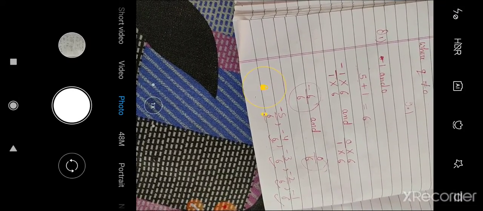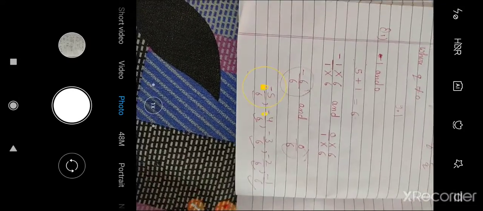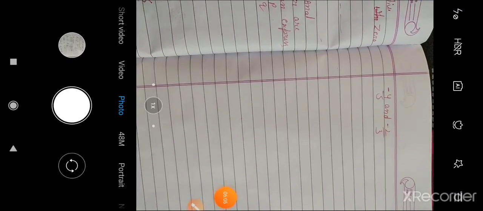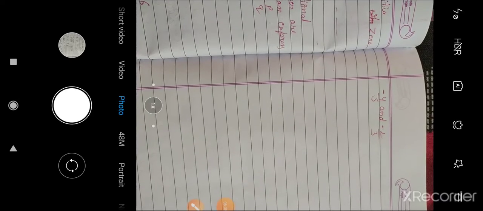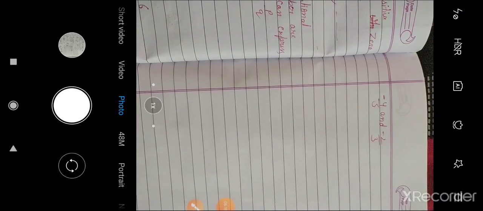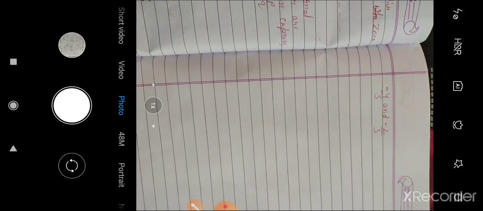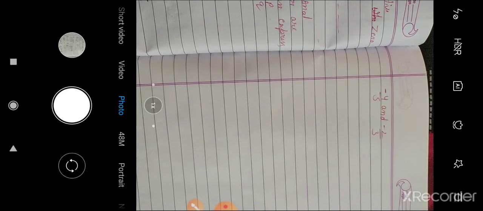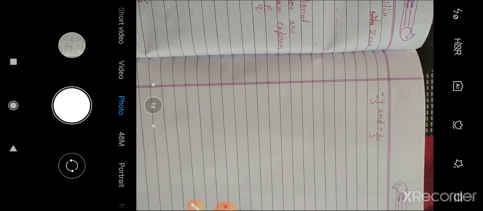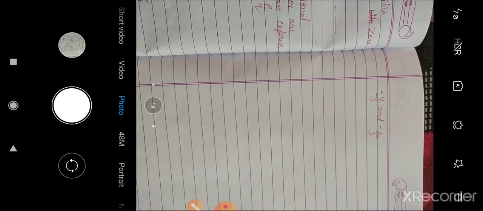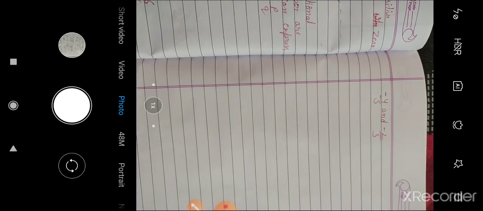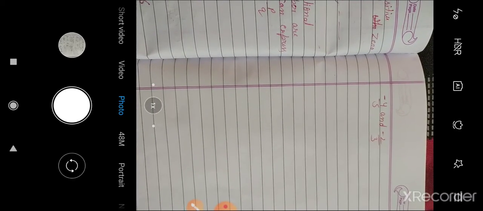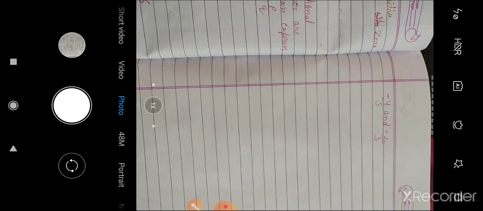Now move to the third part of this question, and the third part is we have to find 5 rational numbers between minus 4 upon 5 and minus 2 upon 3. So first we are going to find the LCM of the denominators of these two rational numbers, so that we can equate their denominators.